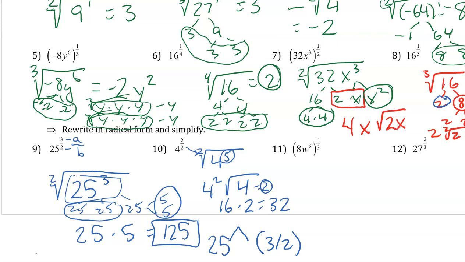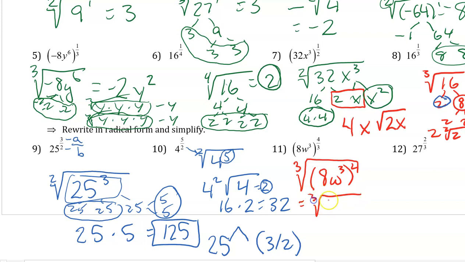Next one, 8w cubed raised to the 4/3 power. This means, and I'm going to change pen colors just to make it easier to see, this will be the cube root of 8w cubed raised to the 4th power, which is the same as saying the cube root of 8 to the 4th power times w to the 3rd to the 4th.